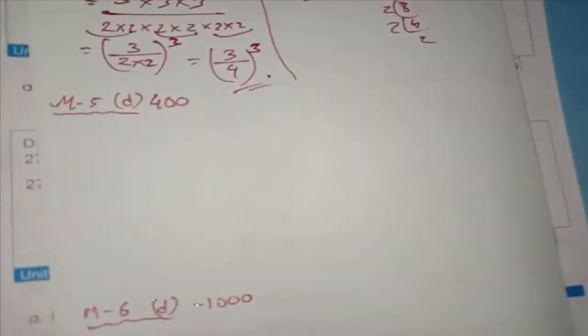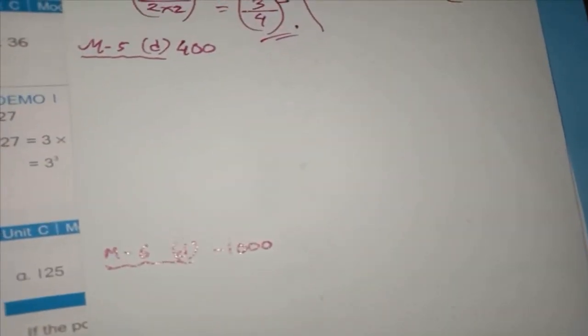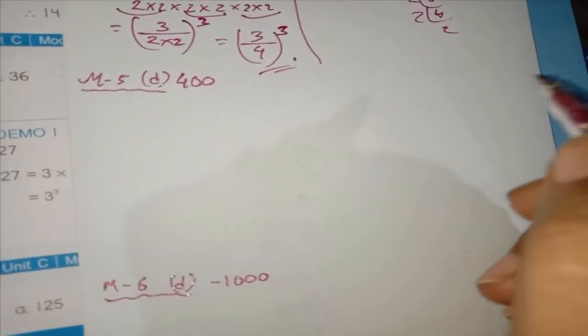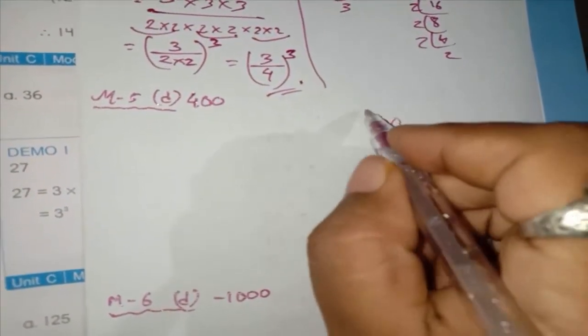Okay, now in module number 5, you are asked to represent the numbers as a square. So I am going to solve question number D. First of all, we will prime factorize 400.